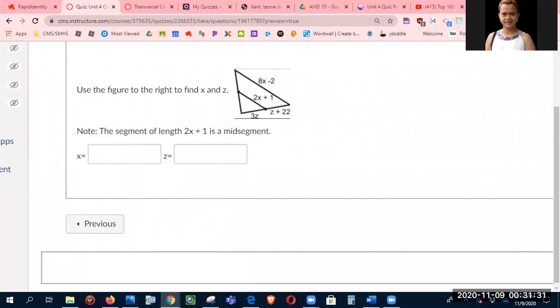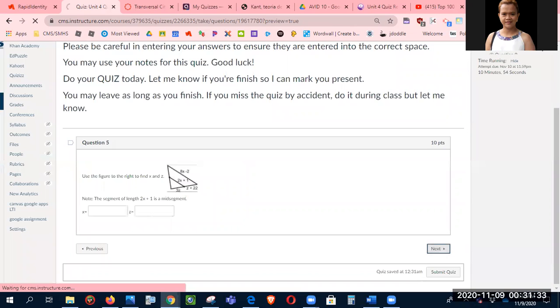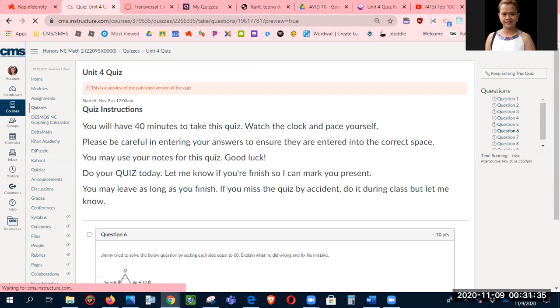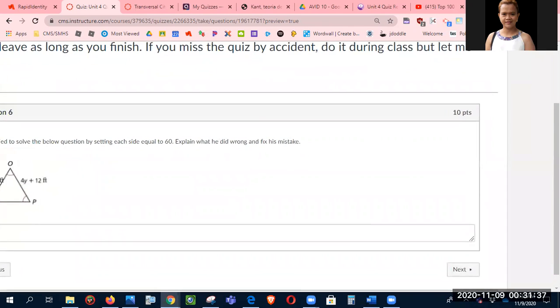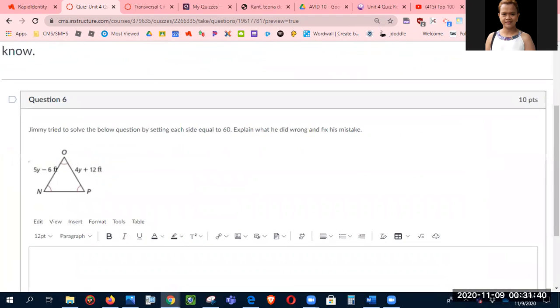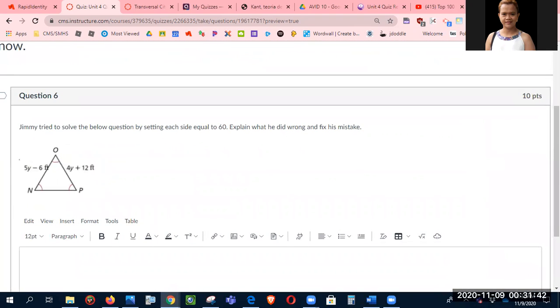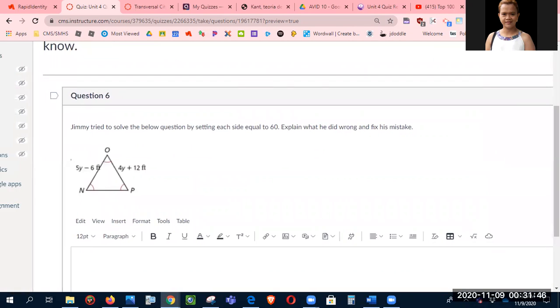Next, number 6. Jimmy tried to solve the question below by setting each side equal to 60. Explain what he did wrong and fix his mistake.